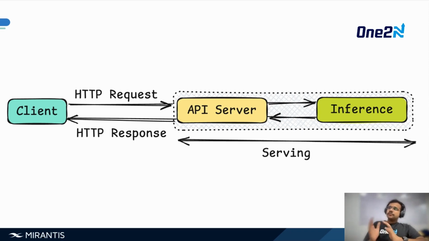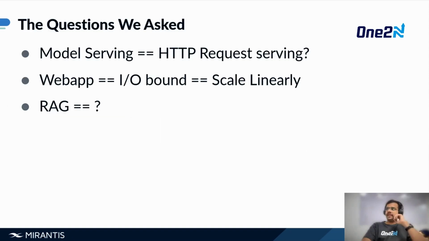while we were exploring how do we do that with LLM-based applications, specifically RAG, we got introduced to these new terms, inferencing and serving. And the question that we asked is, is model serving same as HTTP request serving? Is it same as scaling a web app, which is mostly IO bound?